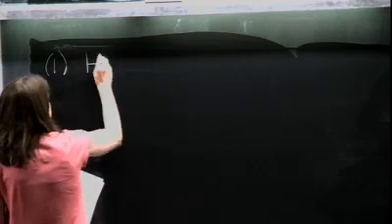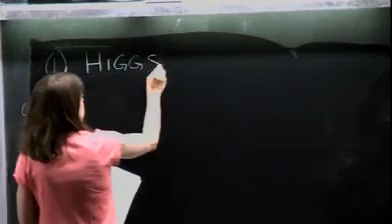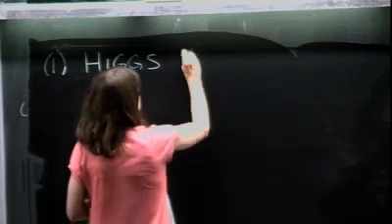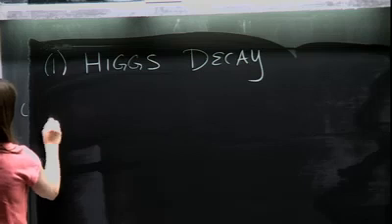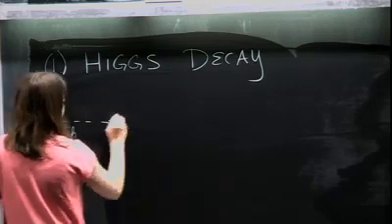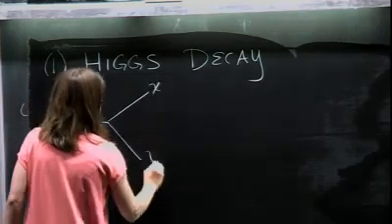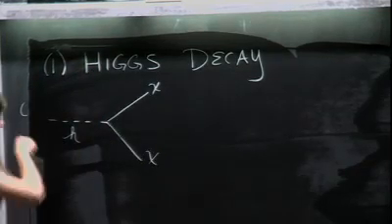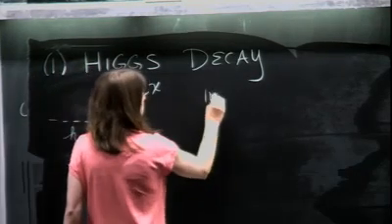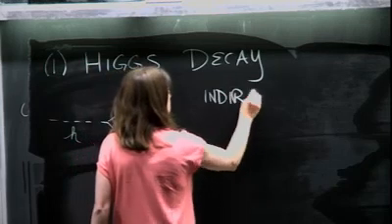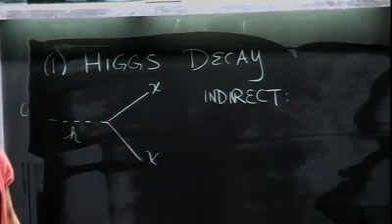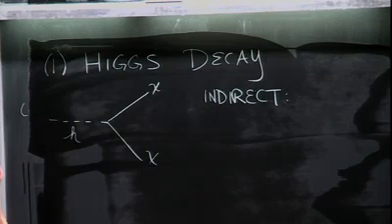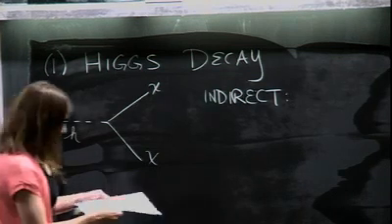The first place we might hope to learn something is by looking at the properties of Higgs decay. If I produce my Higgs, and then maybe it decays to these neutralinos, there are 2 ways we can place bounds on this. One is indirectly, by measuring all the other possible Higgs decay modes to very high precision and seeing how much more we can squeeze in.